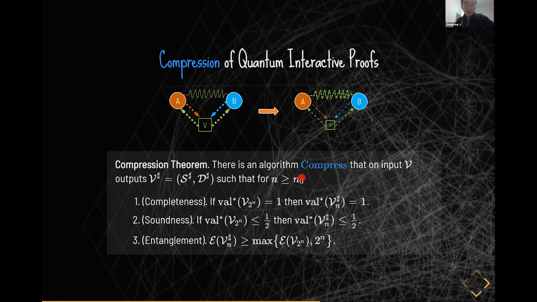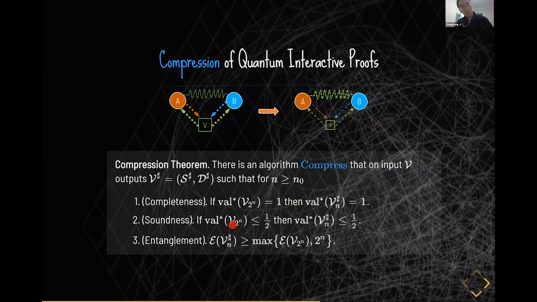There is an algorithm called Compress. Compress takes an input verifier V and outputs V sharp, the compressed verifier. Remember that a verifier is defined by a pair of Turing machines, so V is a pair of Turing machines S and D, and V sharp is S sharp, D sharp, the compressed sampler and decider. They satisfy these conditions. If the big game has value 1, then the compressed game has value 1.